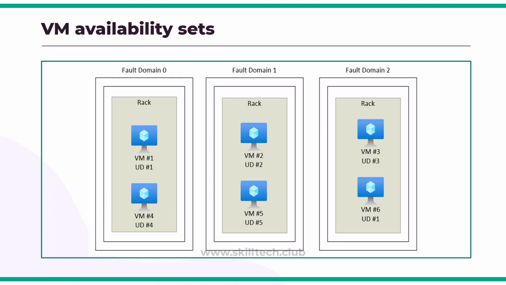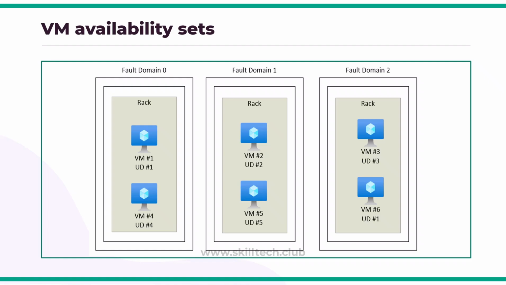And if that is updated and running fine, then only they will move to the next update domain. This configuration makes sure that not more than one virtual machine of your update domains is affected by this kind of update. So if you have 2 virtual machines in 2 different update domains, that is perfect, because at one point in time only one virtual machine will be updated and restarted, not all.